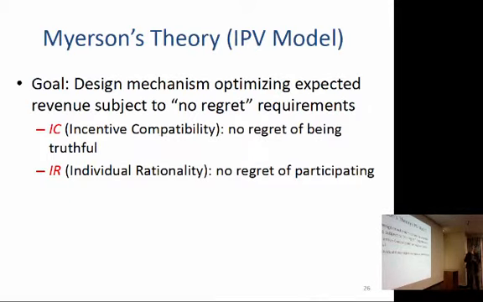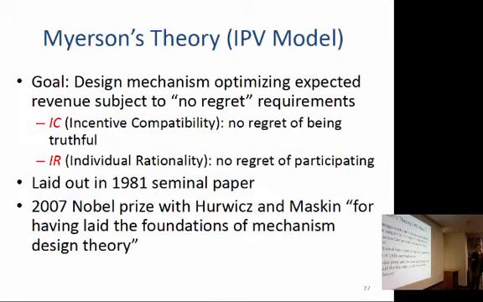So recall that Myerson's theory's goal was to design mechanisms that optimize the expected revenue. This is subject to some no-regret requirements, namely IC, which is not regretting being truthful, and IR, which is not regretting participating in the auction. Myerson laid out his theory in a 1981 seminal paper, and he got the Nobel Prize in 2007 with Hurwicz and Maskin for having laid the foundations of mechanism design.